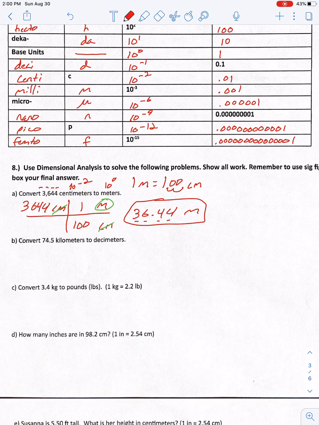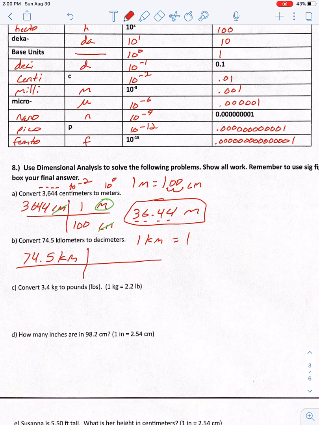B, 74.5 kilometers, so I'm going to start off with what I'm given, 74.5 km. Okay, so I would have to look, which one's bigger, a kilometer or decimeter? Well, kilometer is bigger, so I'm going to say 1 kilometer equals 1. Now I'm going to count how many times I have to go to the right to get to deci.